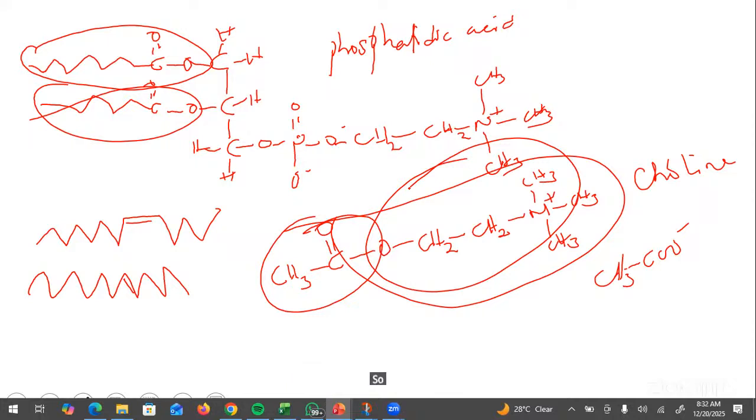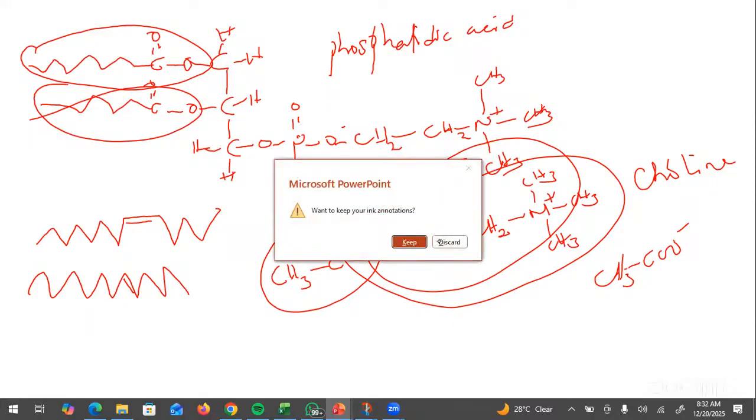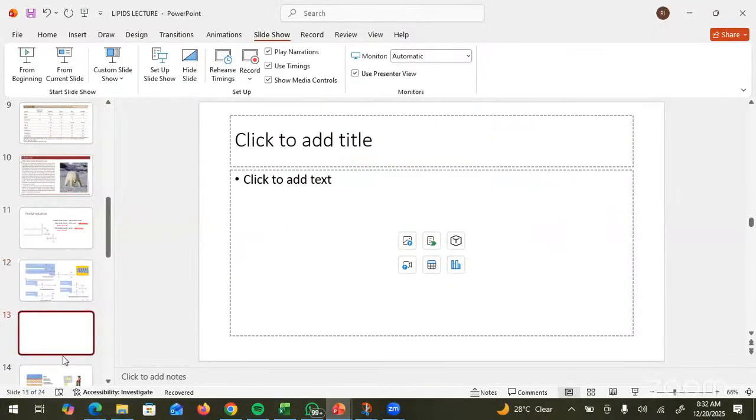So from this, we can also have serine. This is serine. Serine is an amino acid.